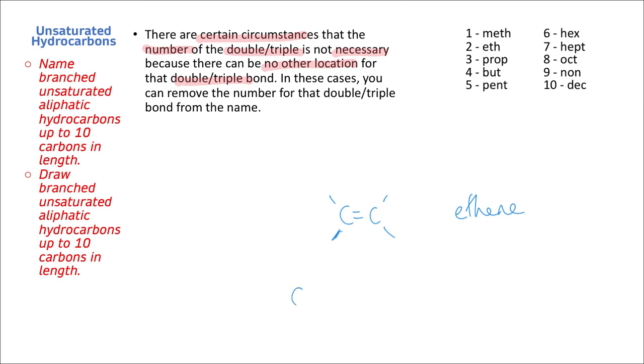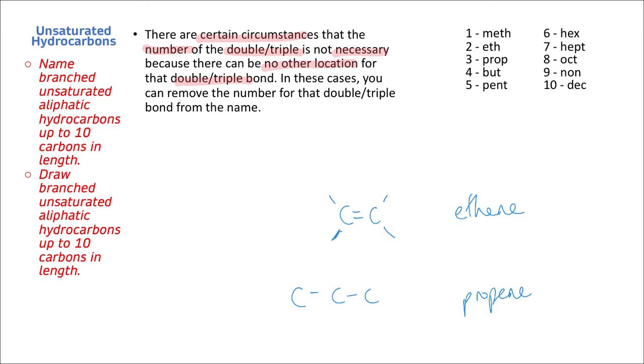There's also propene, and there's no other location for that double bond, because it's always going to be across the 1 and 2 carbons, depending on which way you draw it.